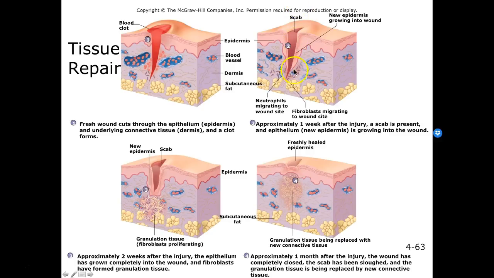You can also see here these fibroblasts that are migrating toward the wound site. They're going to assist in producing collagen and repairing the two edges of the skin. At this point, we're in the dermis. The permeability of our blood vessels is increasing, bringing in blood and our white blood cells.